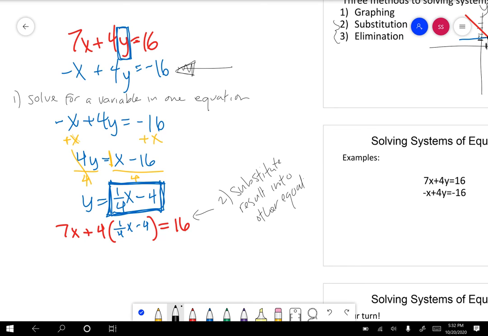Just want to make sure y'all know what I'm doing and why. And then the third step would be solve that equation for the other variable.